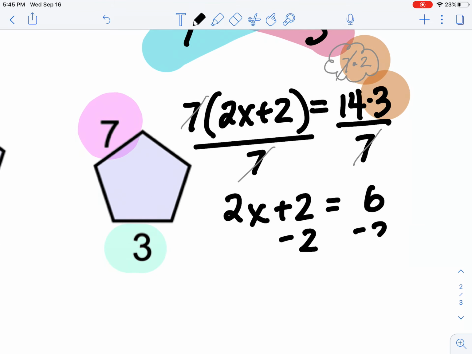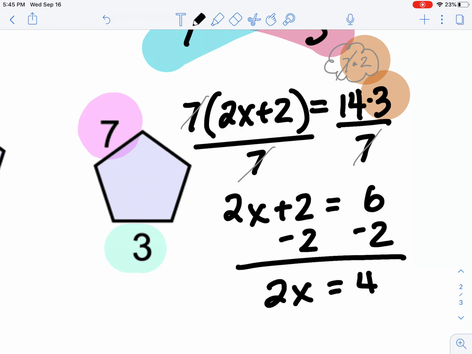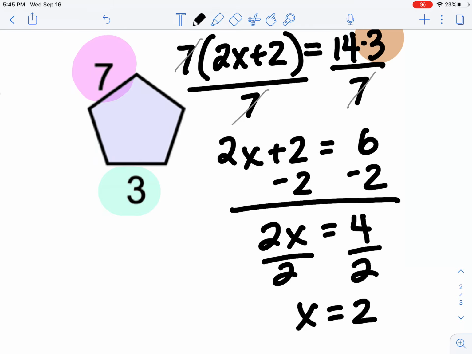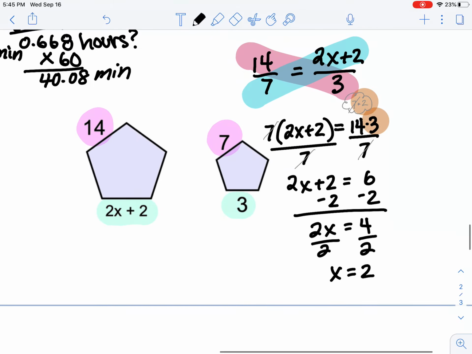And then subtract 2 from both sides, and we would get 2x equals 4, and divide to get x equals 2. Now remember, on this problem, if you don't like doing it that way, just distribute and do it that way. Distribute and get 14x plus 14 equals 42 and solve it from there.